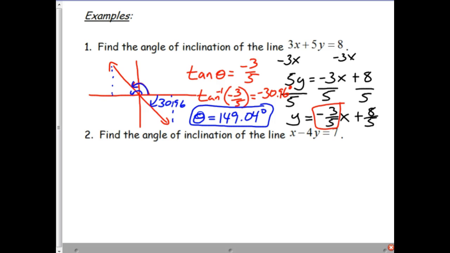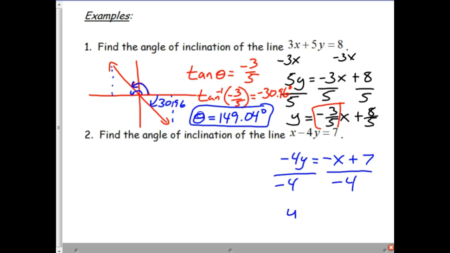Number 2, find the angle of inclination with x minus 4y equals 7. So again, solve for y. Okay, and that gives you negative 4y equals negative x plus 7 divided by negative 4.